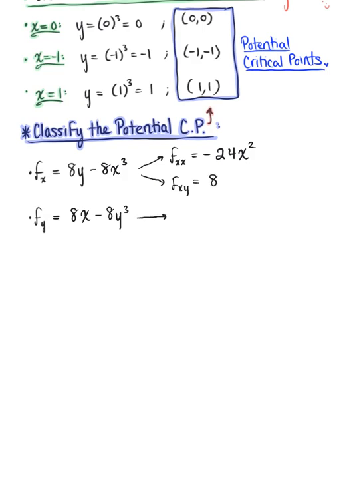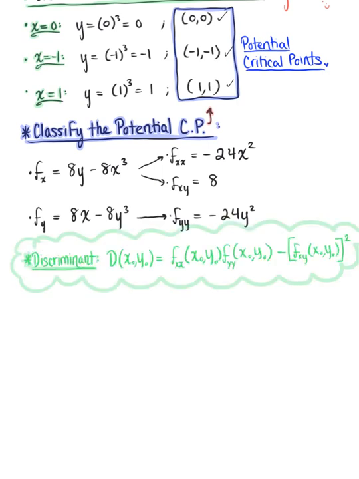And we also need the second order partial derivative of y with respect to y, which leaves us with a -24y squared. So we are going to use these three second order partial derivatives with the three potential critical points in the discriminant to classify whether or not they're extrema and what type of extrema they are.